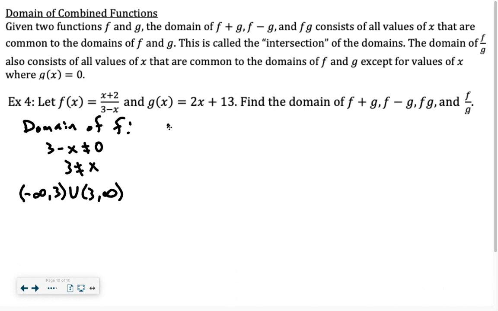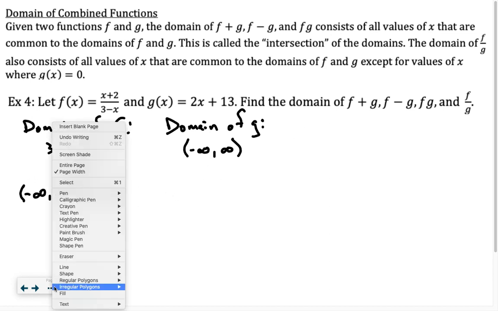The domain of g, well, this is just a straight line. There's no denominator, there's no roots. So the domain of g is just everything, negative infinity to positive infinity. So the intersection of these two domains would just be this, okay?